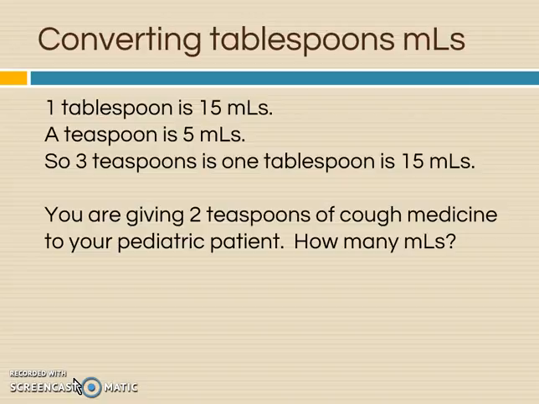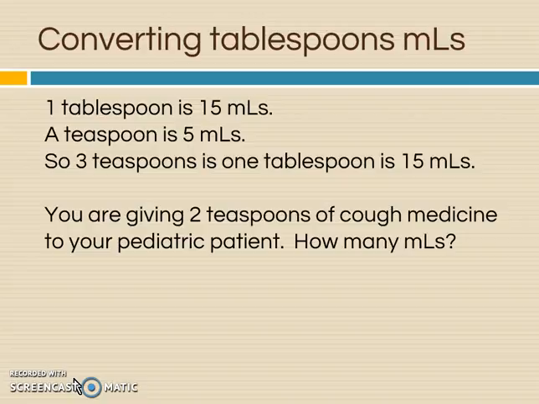A teaspoon is 5. So 3 teaspoons is 1 tablespoon. And you generally wouldn't use this for anything except, for example, giving some kind of cough medicine or some kind of liquid medication to a child, and that would be probably in the home environment, not in the hospital. In the hospital, you would have the option to draw it up in a syringe and be more exact as far as your milliliters.